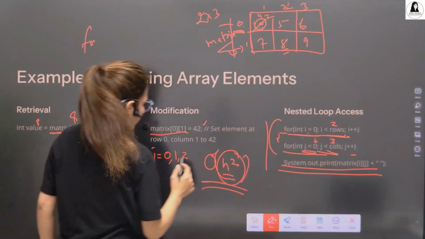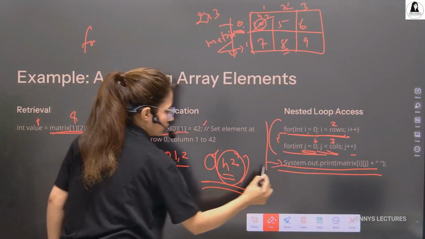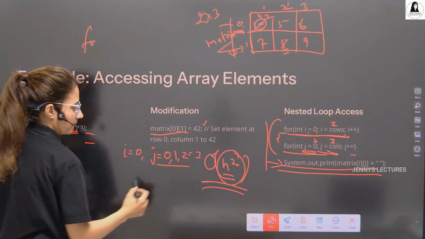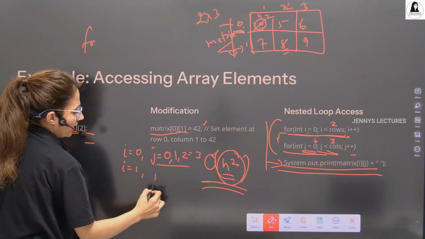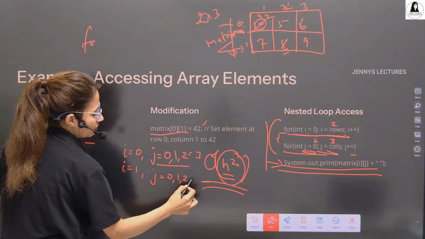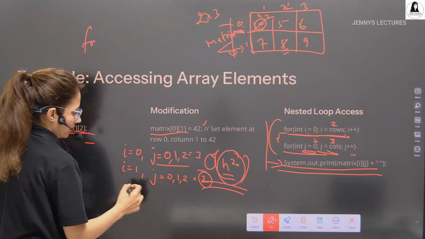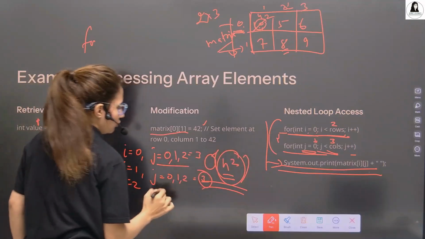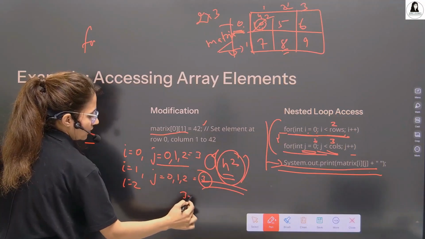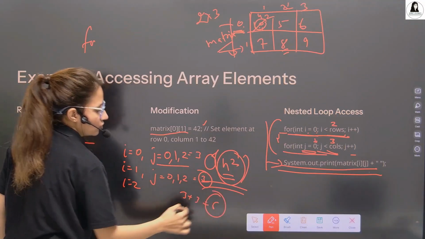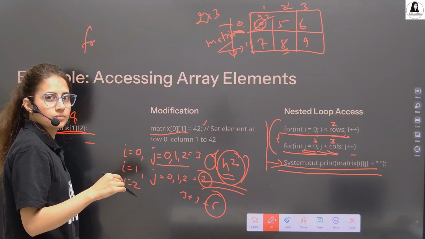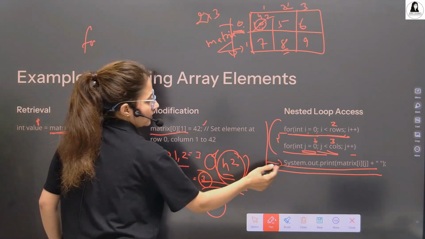Number of columns are 3, so j would stop at 3. So this line would be executed 3 times. Once I becomes 1, again j would be 0, 1, 2. So again 3 times. Once I becomes 2, condition is not true. So 3 plus 3, total how many operations? 6 operations. Right? How many times? 6 times.